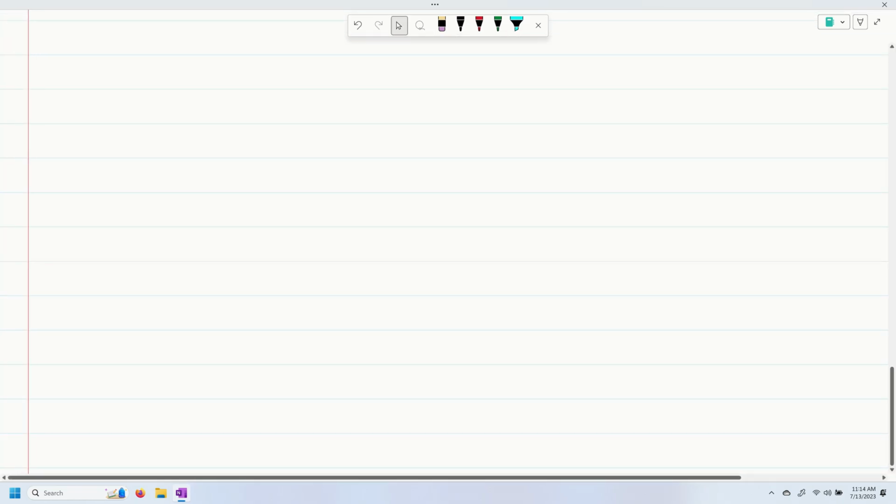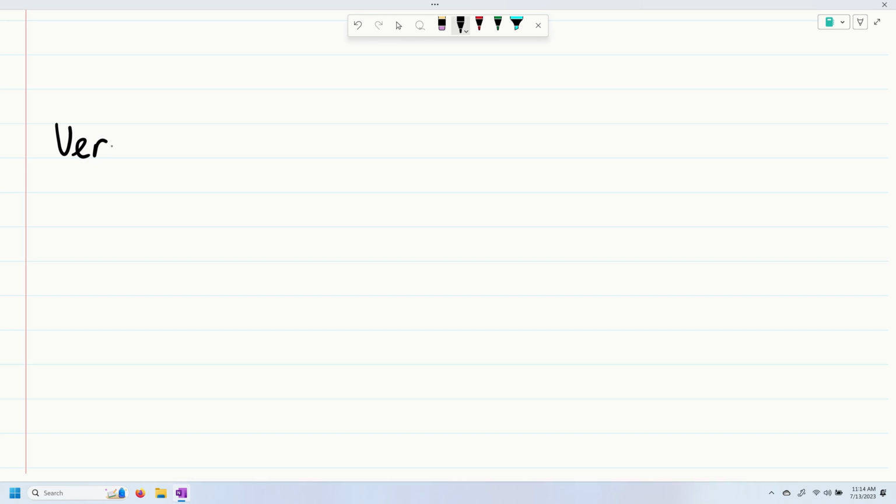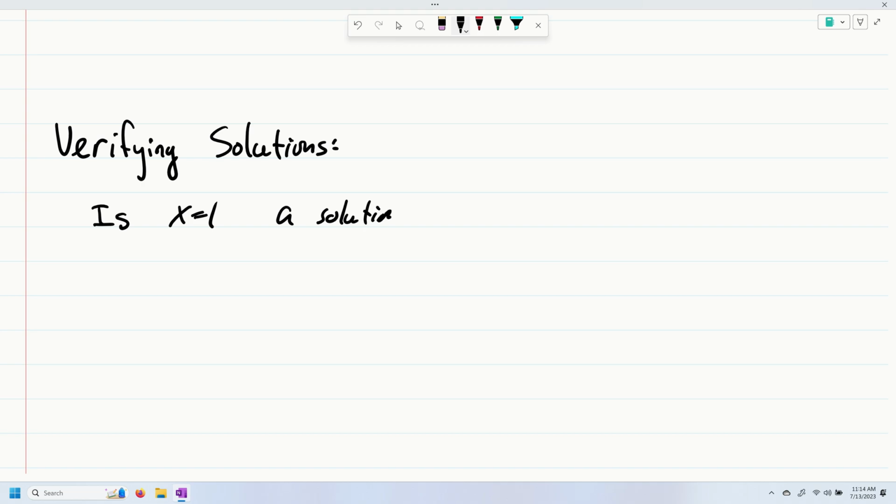We're going to move into the next part of learning diff EQs, which is just verifying solutions. In fact, you did this a long time ago. I don't know if you remember when you were in algebra class, and they asked a question like this: is x equals 1 a solution to x minus 2 equals 3?